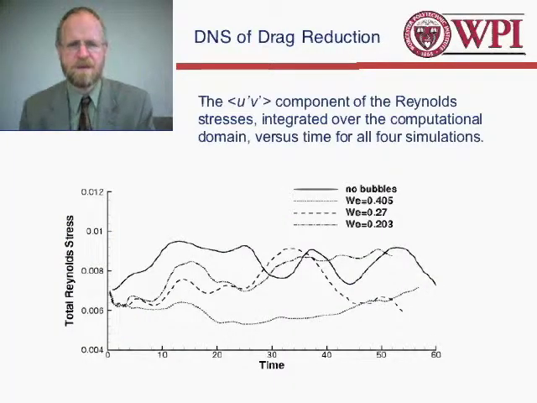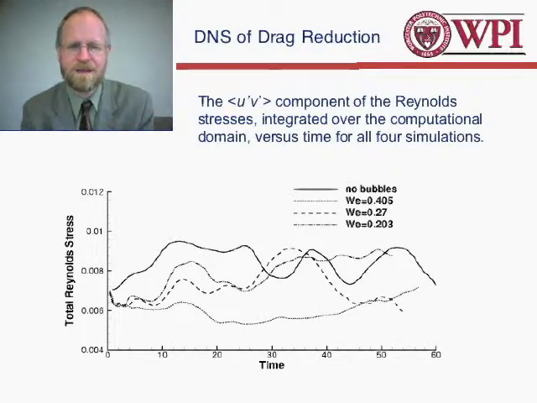We see the same thing in this slide, where we have plotted the integrated value of the absolute value of the Reynolds stresses, the u', v' Reynolds stress that I showed in the previous slides, versus time. Again, it's clear that the most deformable bubbles coincide with the lowest Reynolds stresses in the flow.